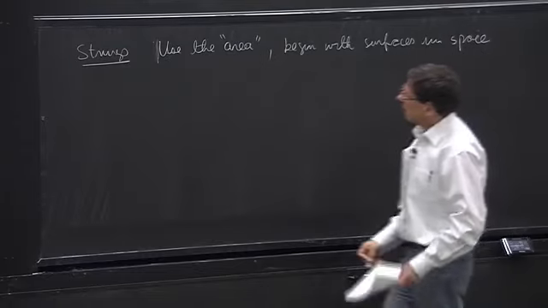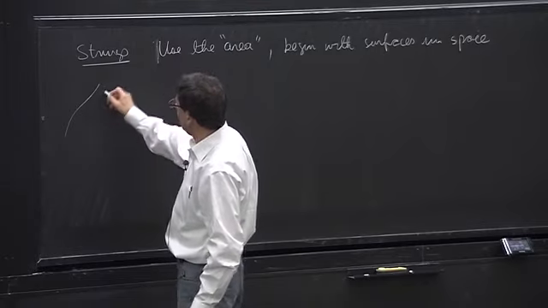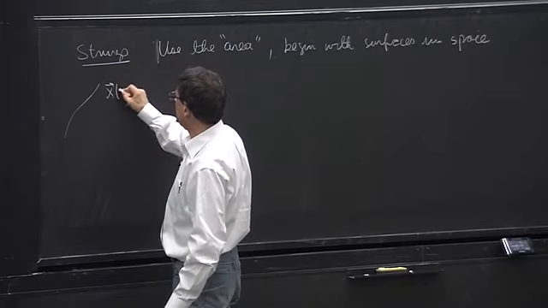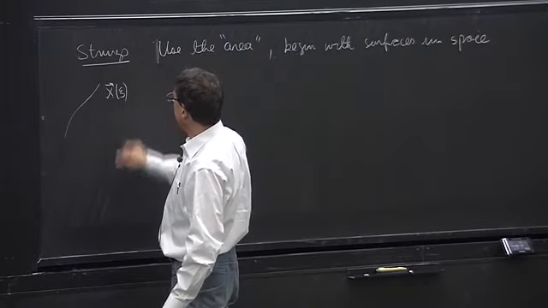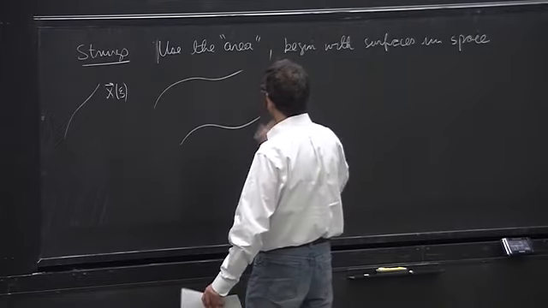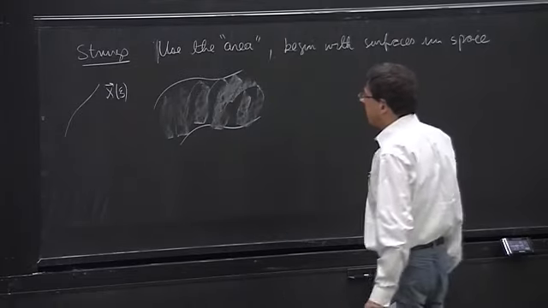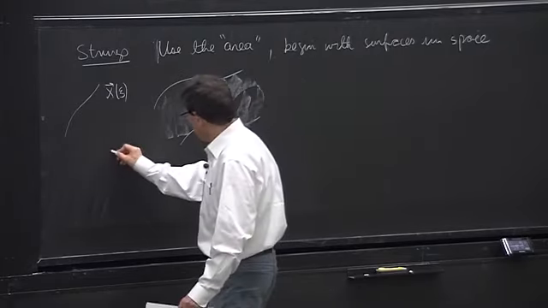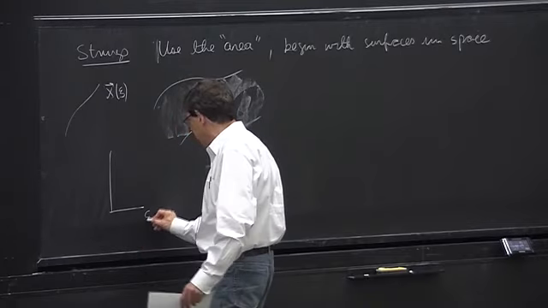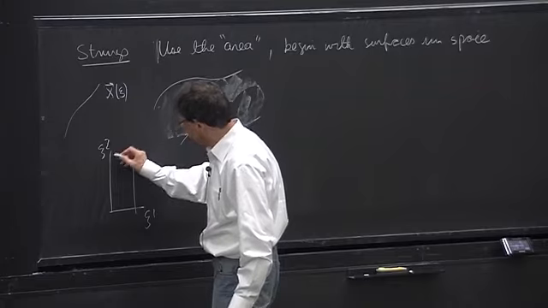So a surface, just like a line is parameterized, a line in space would be parameterized by x of some parameter psi. A surface in space is parameterized by two things, two parameters. Let's call them sigma 1 and sigma 2.